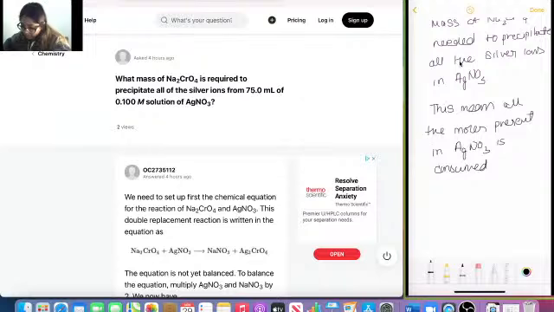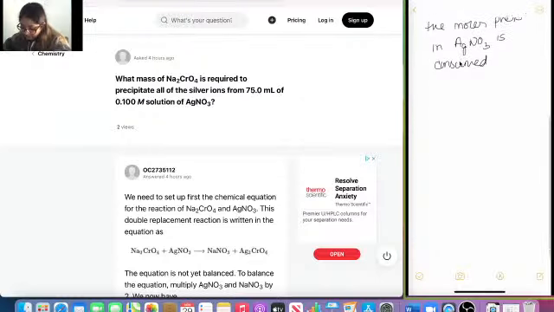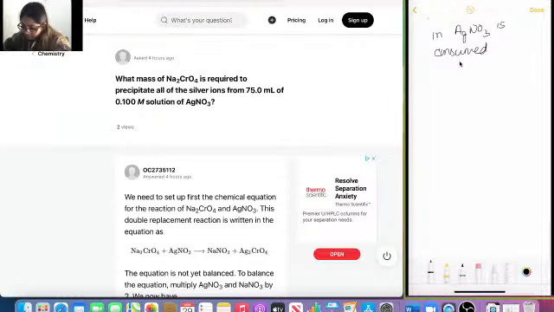And so when you're reacting this equation, we can say therefore the number of moles of Na2CrO4 is equal to the number of moles of silver nitrate, right?